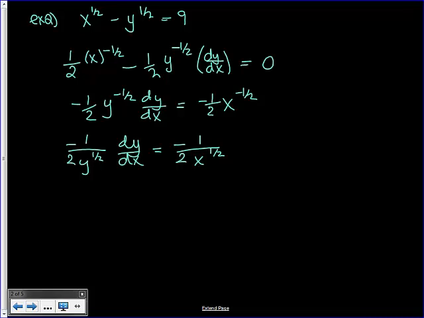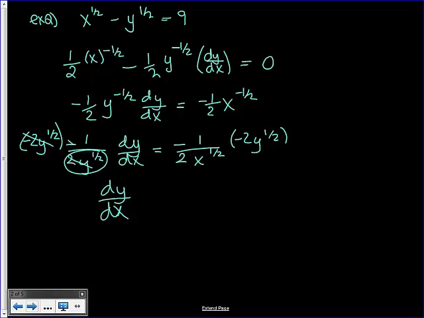Okay, solve for dy/dx. Well, all I'm going to do is multiply by what's on bottom right here. So multiply by negative 2y to the 1/2. Do that on the other side. Negative 2 times y to the 1/2. Those cancel. Negative cancels, and I am left with just dy/dx.